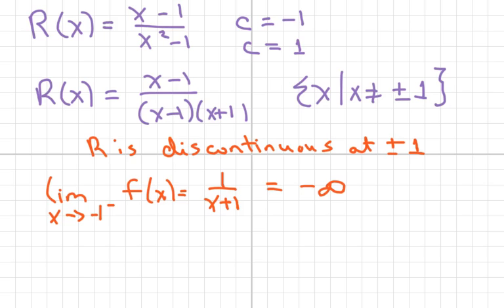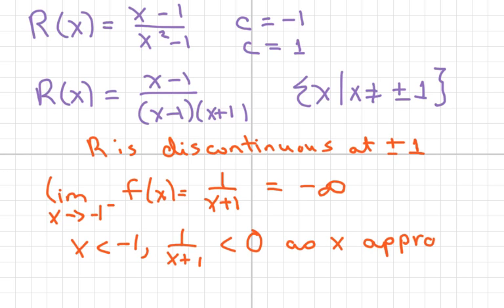So it goes unbounded to negative infinity. Basically, as x is less than negative 1, 1 over x plus 1 is less than 0. As x approaches negative 1, this becomes unbounded.